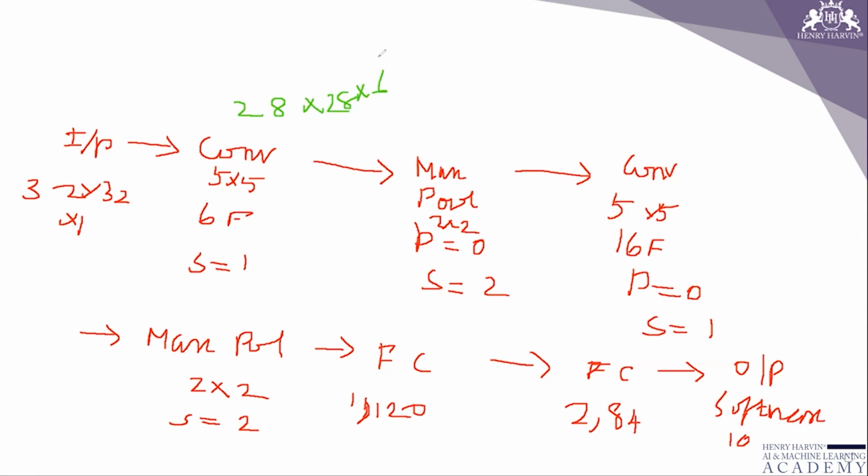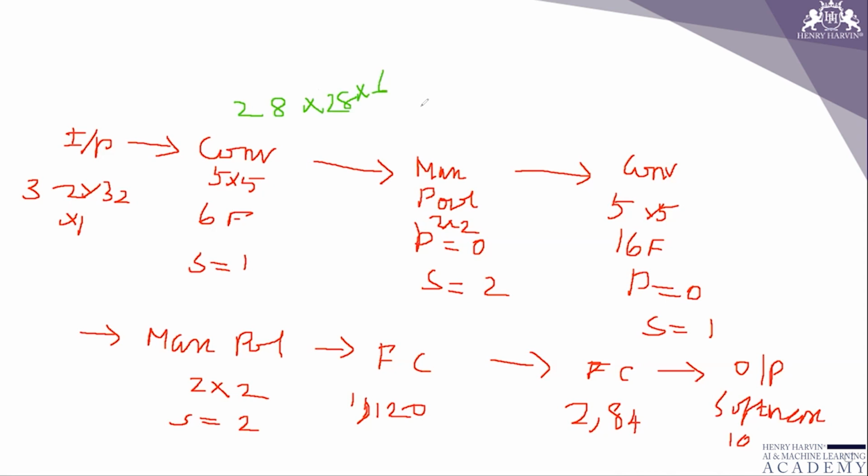This 6 is the number of channels. Here it is clearly written that there are 6 filters. The number of channels would always be the same as the number of filters we have used in the model. We have used 6 filters, so that is why we are getting the number of channels as 6.